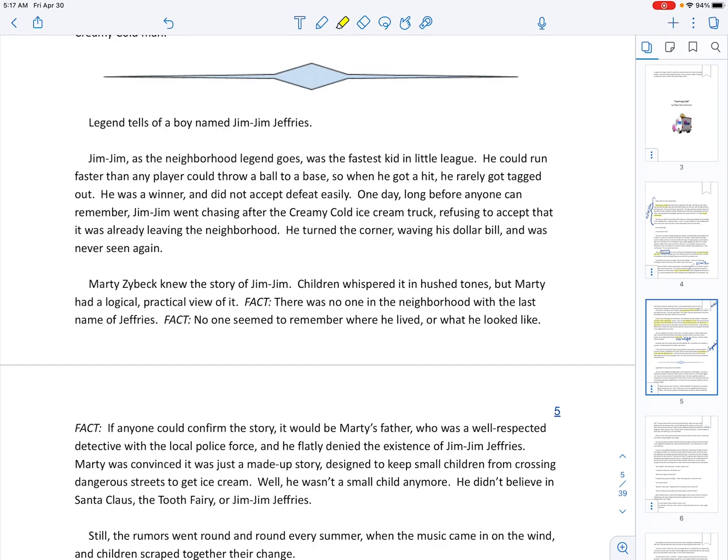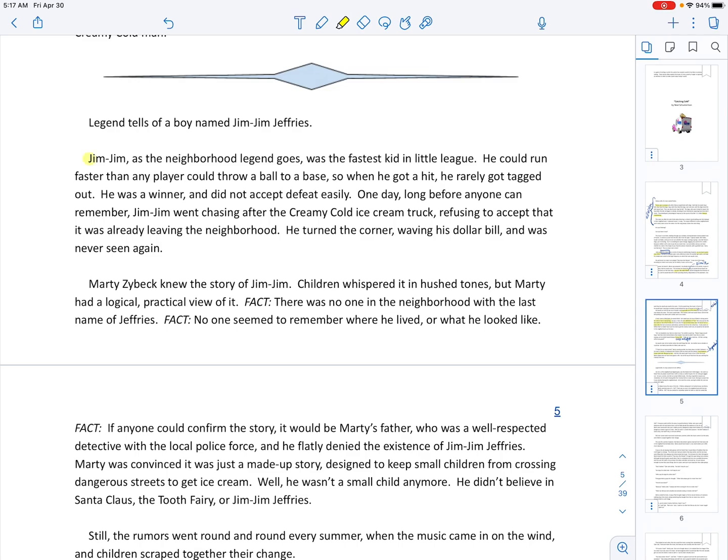Fact, if anyone could confirm the story, it would be Marty's father, who was a well-respected detective with the local police force, and he flatly denied the existence of Jim Jeffries. Marty was convinced it was just a made-up story designed to keep small children from crossing dangerous streets to go get ice cream. Well, he wasn't a small child anymore. He didn't believe in Santa Claus, the Tooth Fairy, or Jim Jeffries.